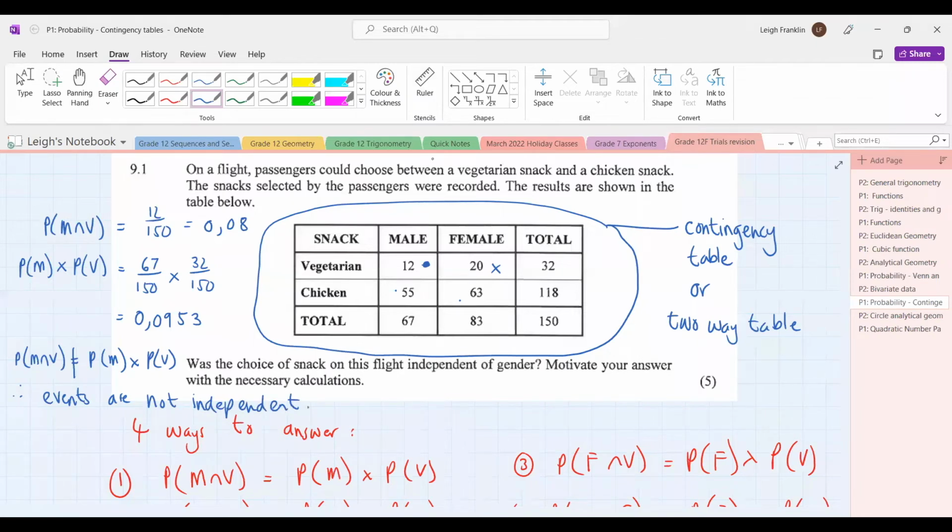Okay, so that would be not independent, because the left does not equal the right. So they are independent if the left equals the right. They are not independent if the left does not equal the right. Not independent is quite right.